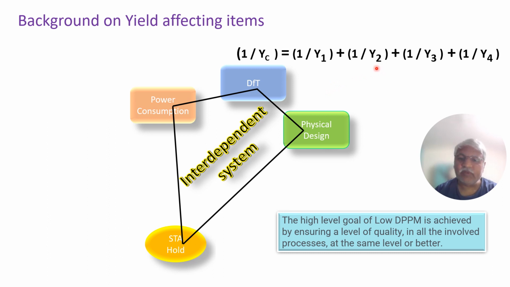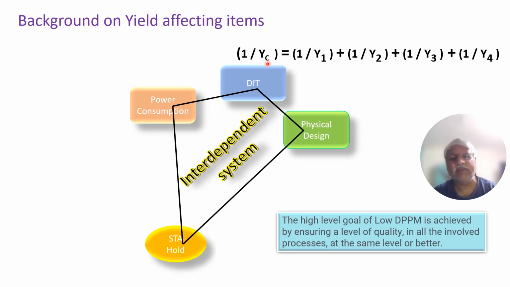So if you want to get higher yield for the system by tuning one stage to a very low DPPM, then you will be increasing the design area and power to meet that. Definitely you will be able to achieve low DPPM and hence high yield. But the second stage, say for example physical design or DFT or power consumption, these things will be the bottlenecks.